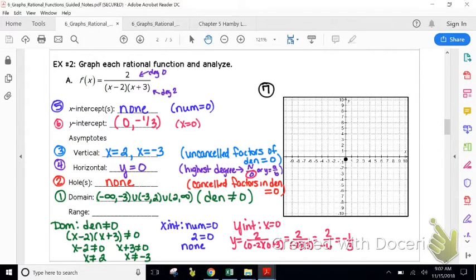I have a vertical asymptote at x equals 2. How do we graph an asymptote? Yeah, a dashed line, right? And I have a vertical asymptote at x equals -3.